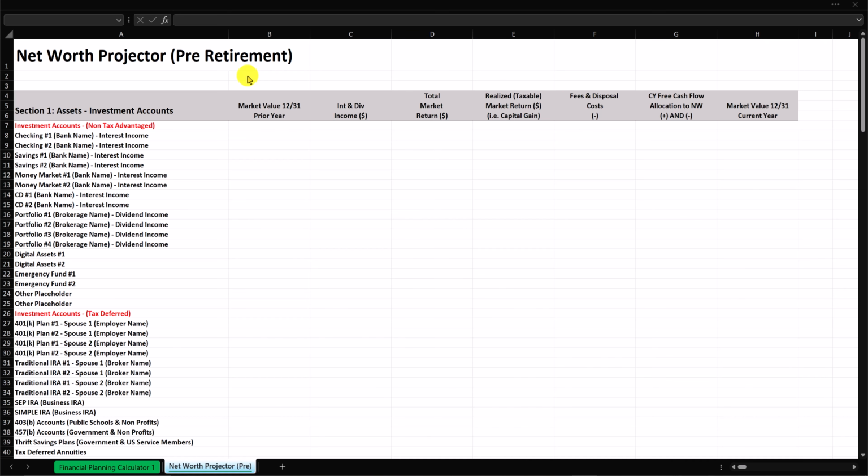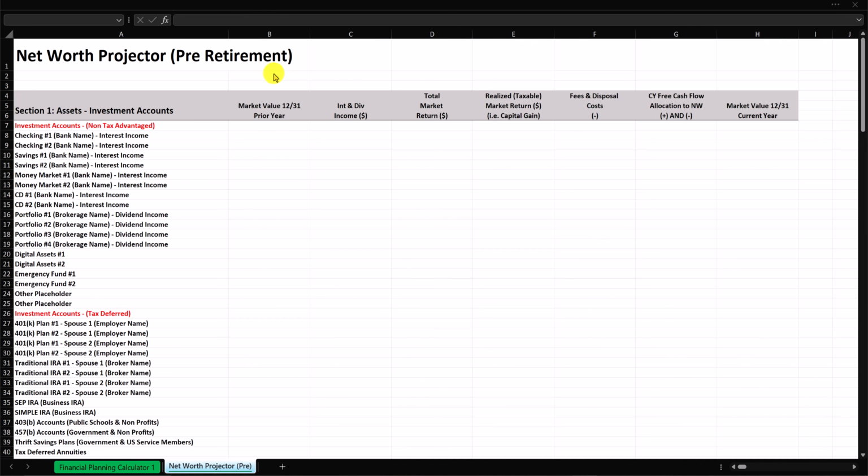There are two possibilities that I am envisioning. Either we will expand this projector to incorporate both pre-retirement and post-retirement planning, or we will build this one out in its entirety and then make a copy of it and use the copy in probably a slightly modified way for post-retirement planning.